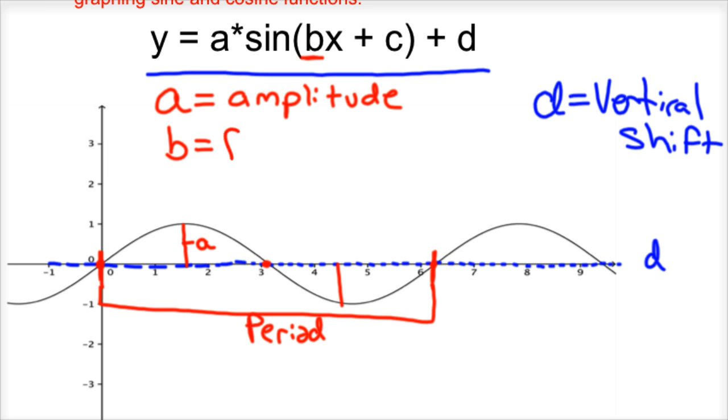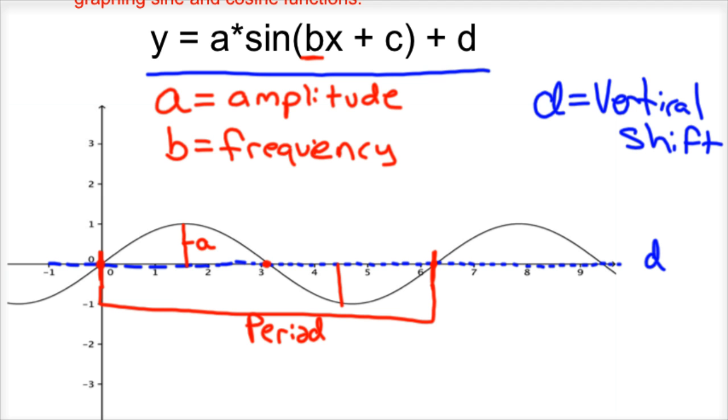B is considered our frequency. And in terms of trig, frequency tells you how many times you get a cycle in 2 pi. So in this case, it's one time, because b was 1 in sine x.